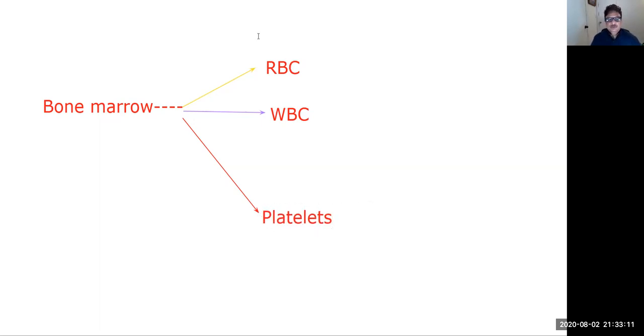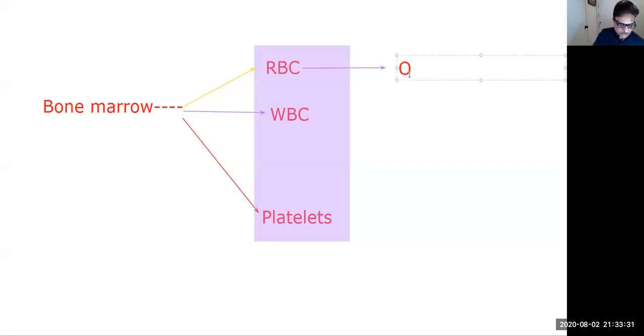So all these three cells, different kinds of cells, they're not the same. They're different kinds. Why are they different kinds? Because they have different functions. What does RBC do? They carry hemoglobin, and they are involved in oxygen and carbon dioxide exchange. Right? The hemoglobin, as I mentioned earlier.